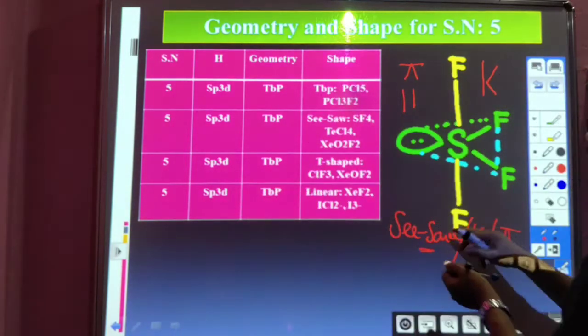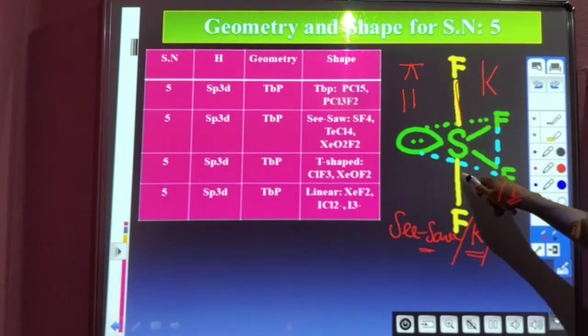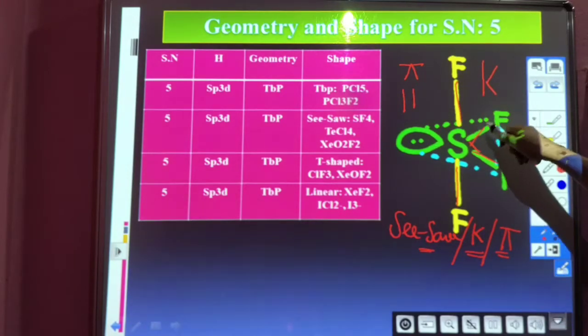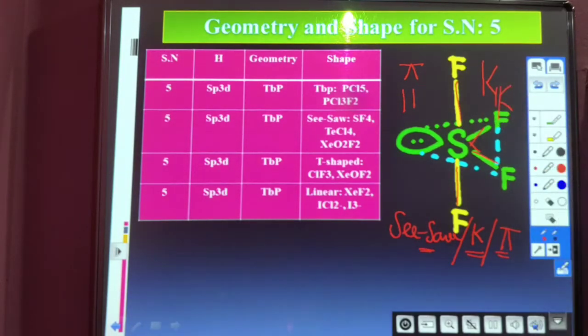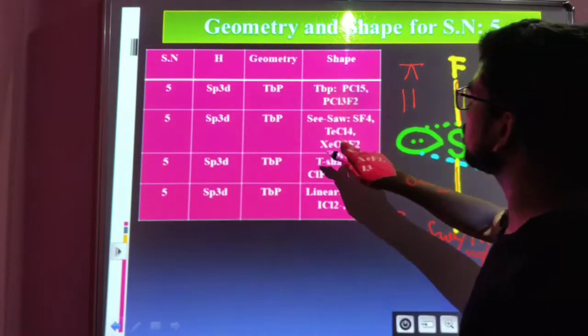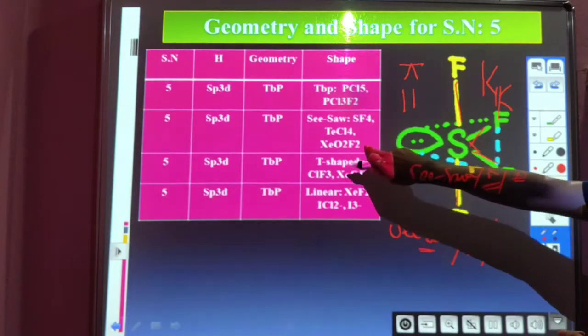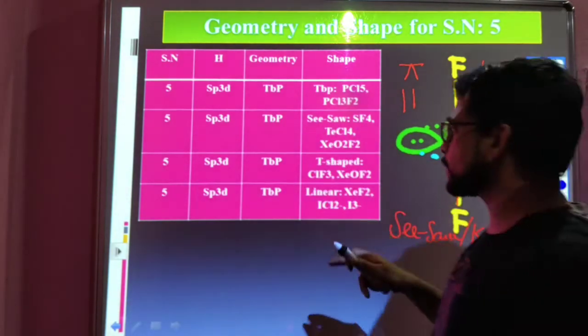So either seesaw, K, like this is K, or pi, this is pi. Okay, done. The other structure, you just draw by yourself.